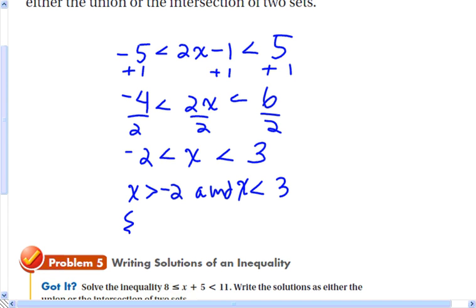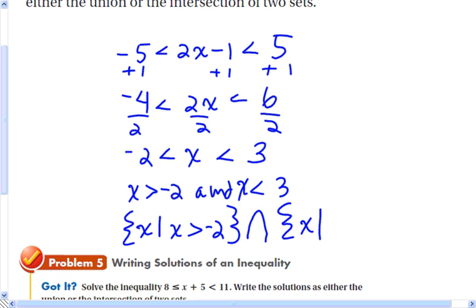We're going to say x such that x is greater than negative 2, like that. And we're going to intersect that, since it's an and, with all numbers such that the numbers are less than 3. And that's what that looks like.